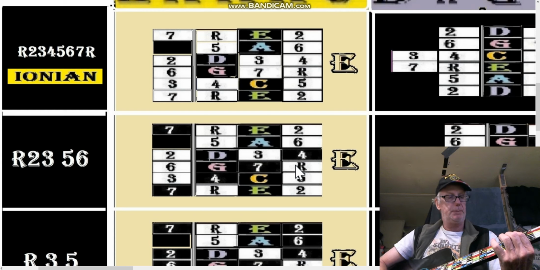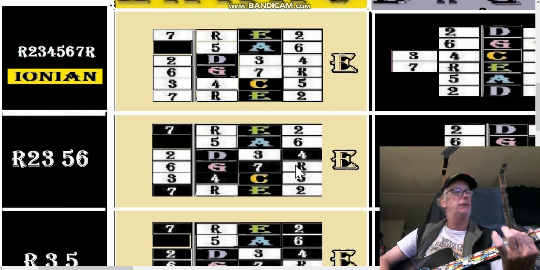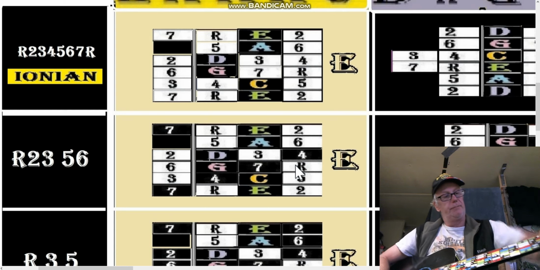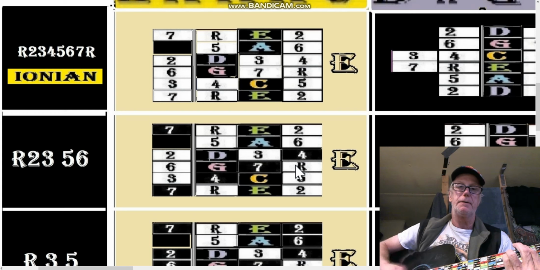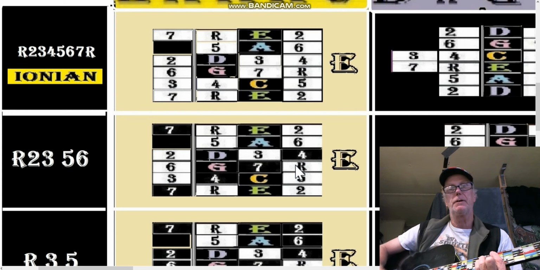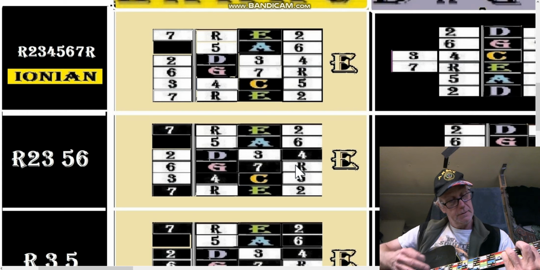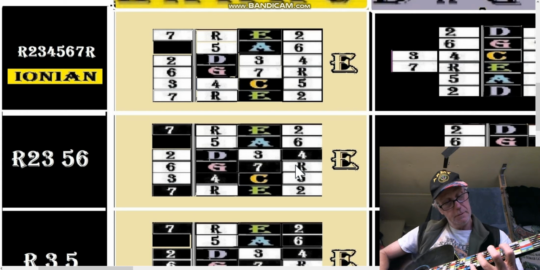Same G string shape in the key of G, 6/7 root, where your low E becomes the 6th of the key of G. So that's why that E minor is good to go to that G. Then we could just do a diatonic on that G.